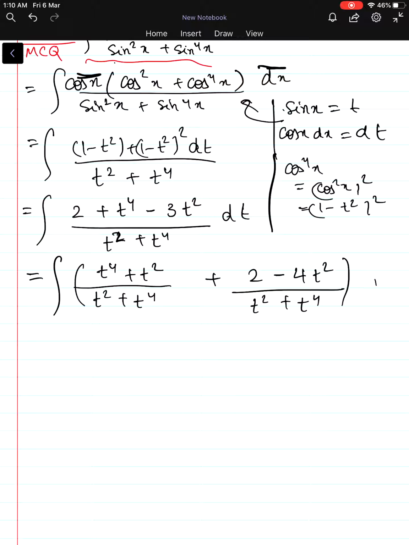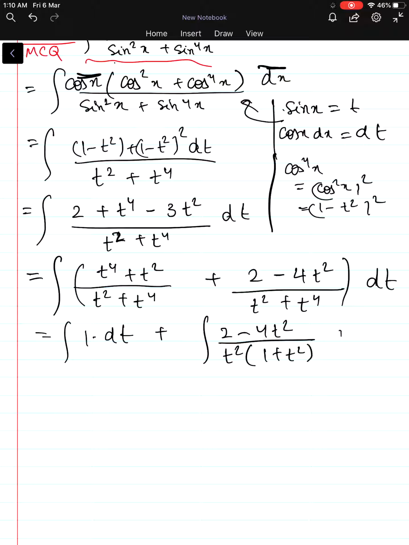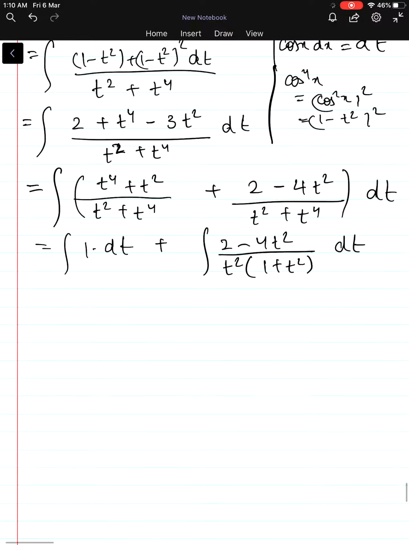So now the integral of the first part is the integral of 1 dt, plus the integral of the second part, where we take t square common from the denominator: t square times 1 plus t square. So the first part is clear, the integral of dt is t.